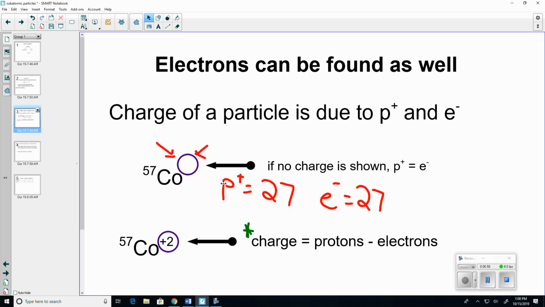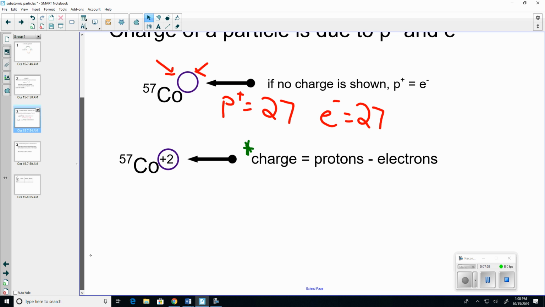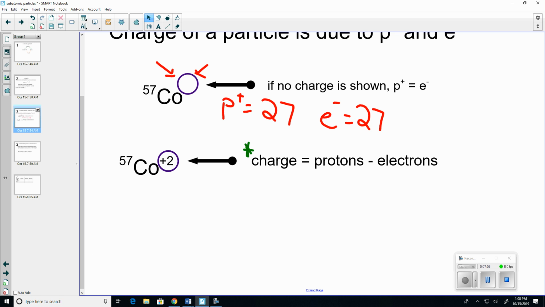So I'm giving you an example on the bottom of this slide here, and I can scroll this up a little bit if that helps out, of cobalt +2. If it's a +2 charge, that does not mean that it gained protons, because protons don't change. The number of protons for cobalt is always the same. It's always 27.